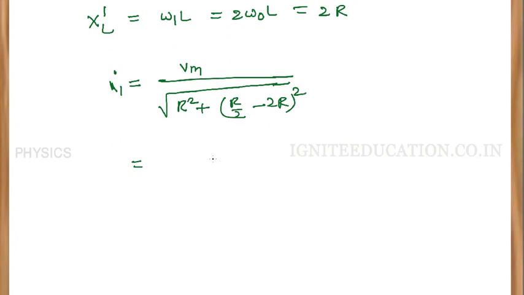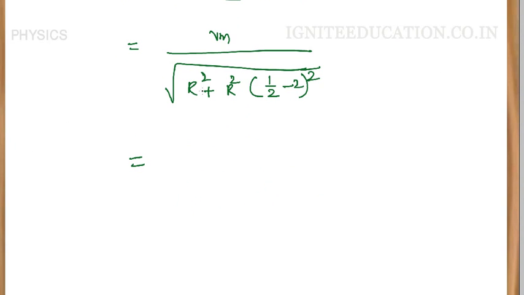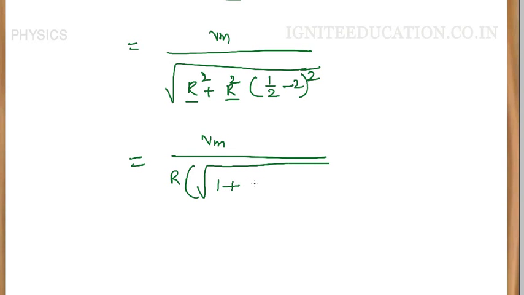That is equal to Vm by root of R square plus, here also I'll get another R square into 1 by 2 minus 2 whole square. So I'm taking out this R square outside the root, it will come out as R into root of 1 plus, and this thing is minus 3 by 2 whole square.